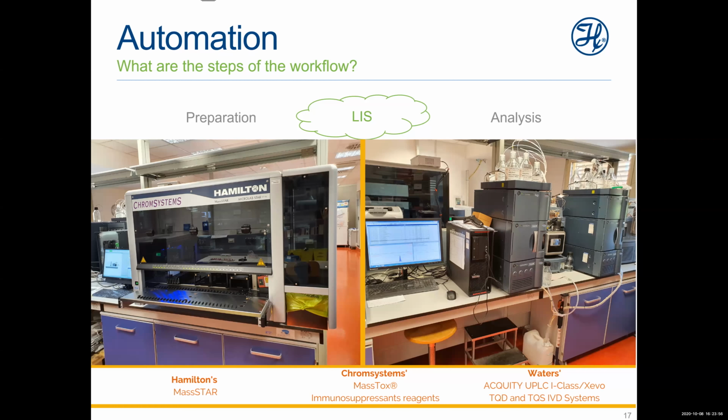What does it mean? Okay, as you remember from two slides before, I said that we have the ordering request and the sample transportation to the laboratory. The ordering request comes from the laboratory information system. This is the place where all the data are stored. Then this data moves to our middleware. The middleware is the bridge between the preparation, the analysis, and the list. That is the cloud behind everything.